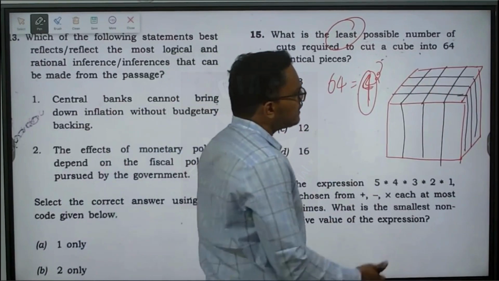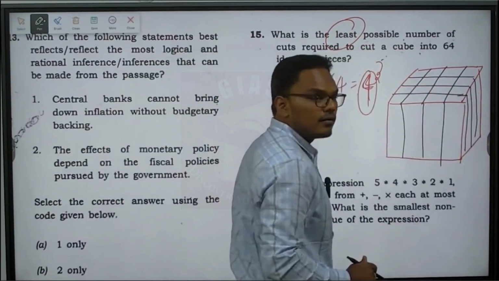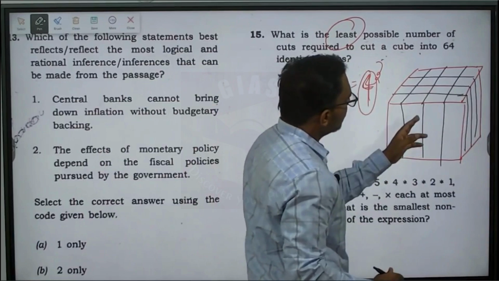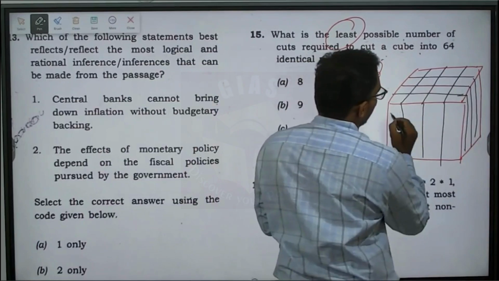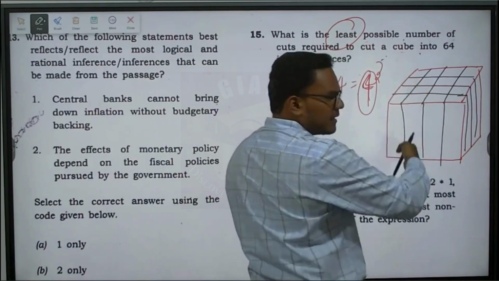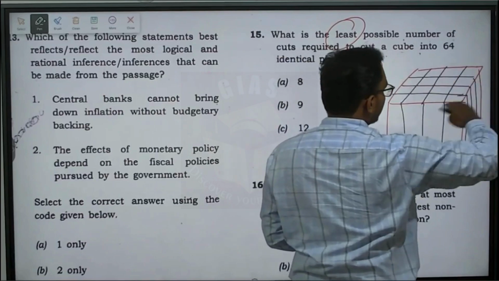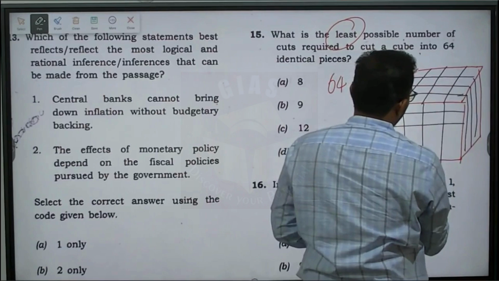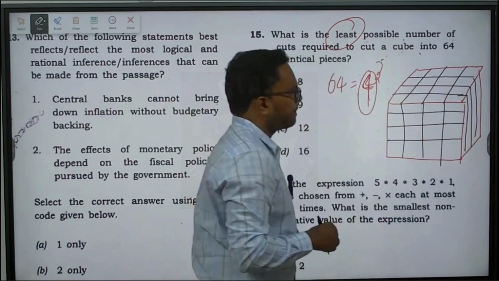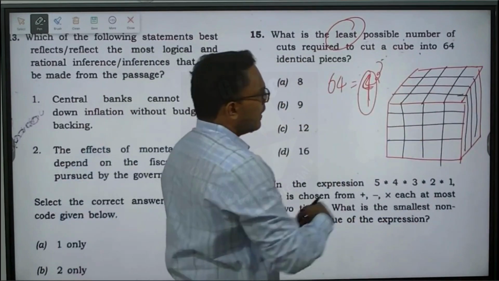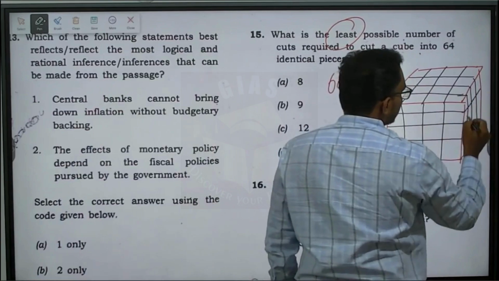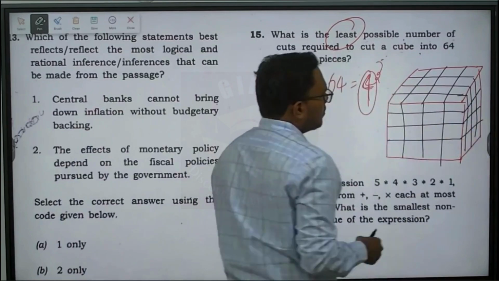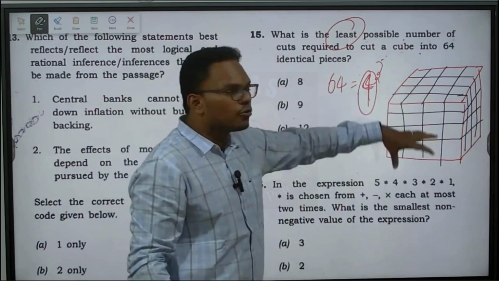Now you have to cut it the other way. You have cut this way, now you have to cut this way. 1, 2, 3. And that will extend here also. So now you will have 64 cubes.